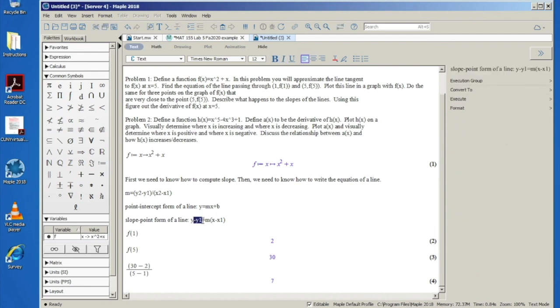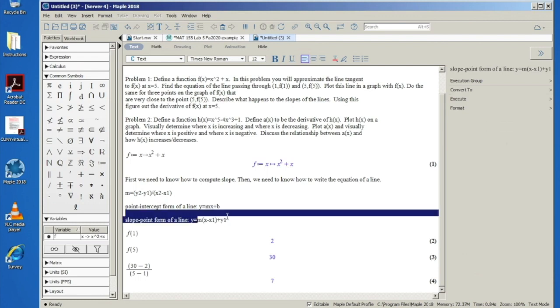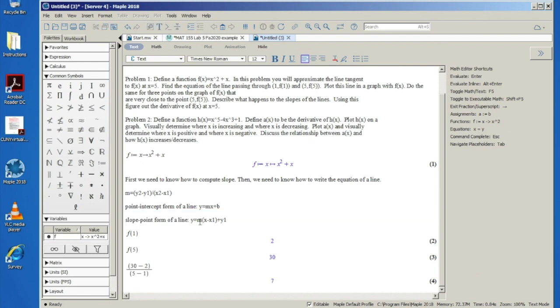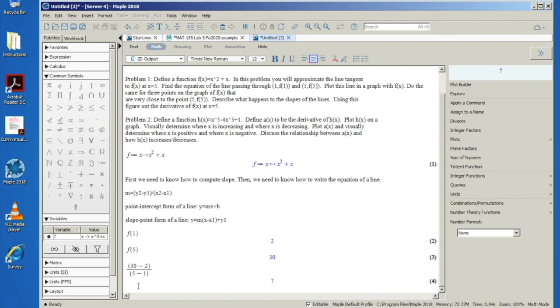And I'm just going to do one extra step. Instead of having that y1 on the left side, I'm going to add it to the right side. So I'm going to add y1 on both sides. That makes the equation of the line look like y equals mx plus b, once you simplify.